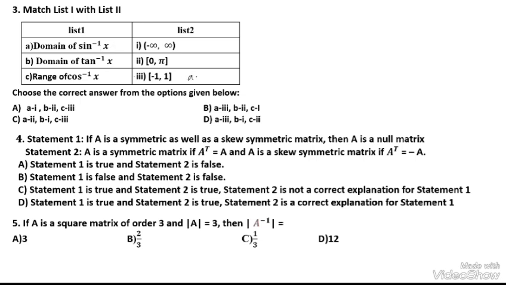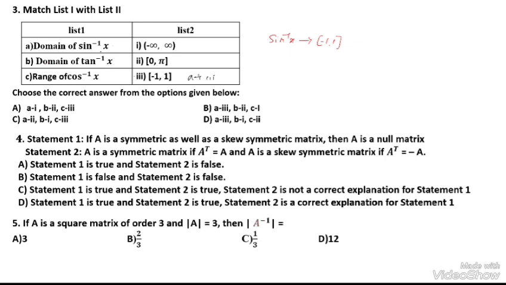So A is related to 3. I can write here: domain of sine inverse x is the closed interval minus 1 comma 1.